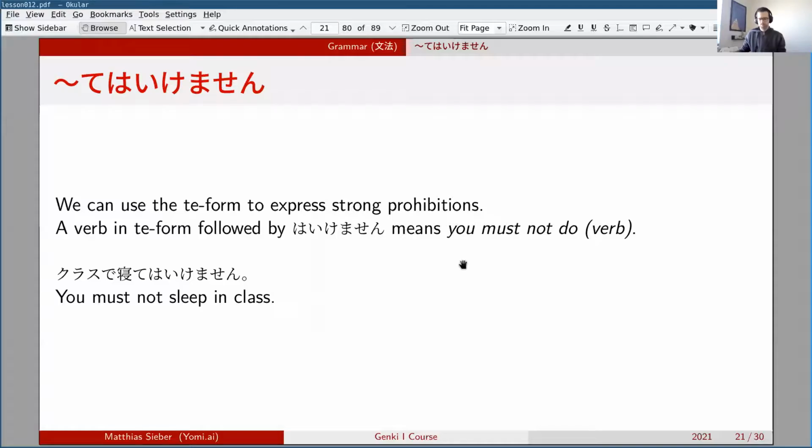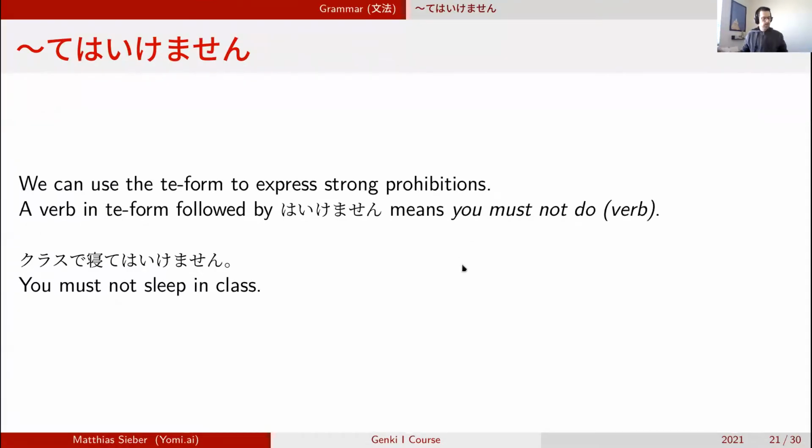Okay, so what we also found in this dialogue is using the te form followed by wa ikemasen. Not ikimasu or ikimasen, but ikemasen. This form essentially expresses strong prohibitions.